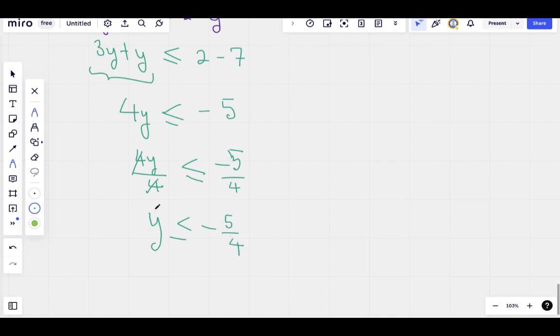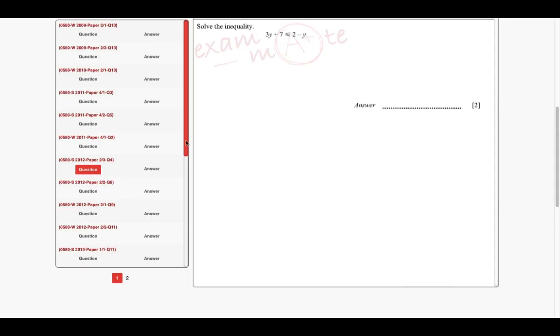You can leave it like this, or you put it in decimal, it becomes -1.25, which is the same as -5 over 4. Okay, so that's that for this solution.